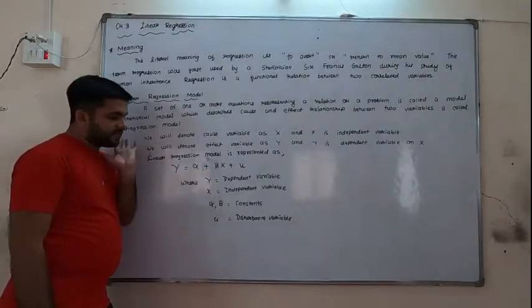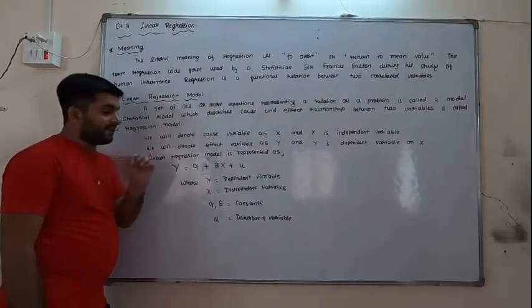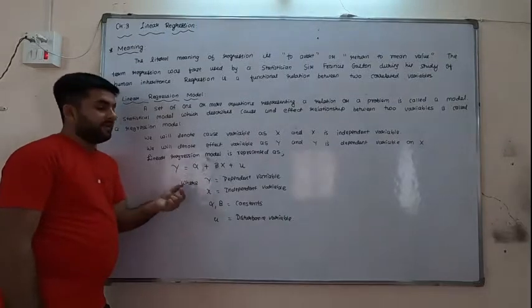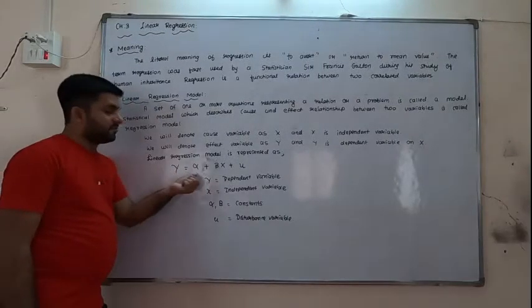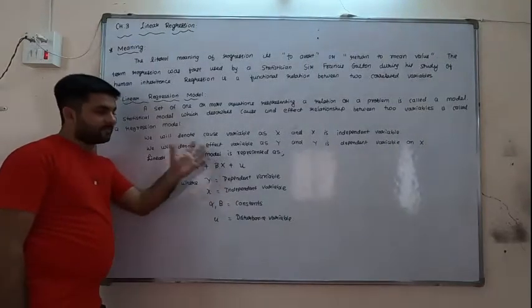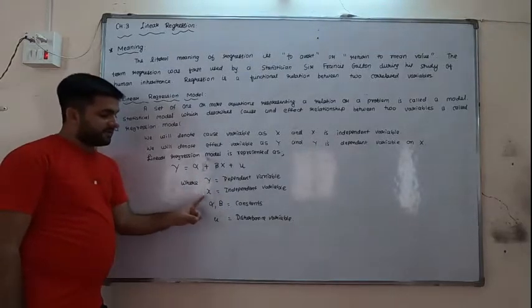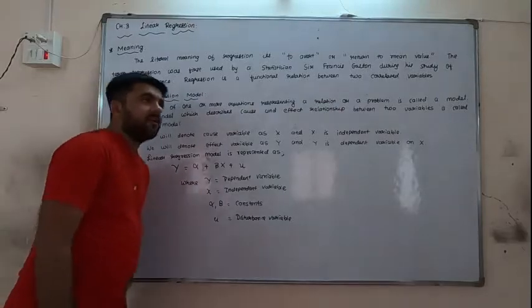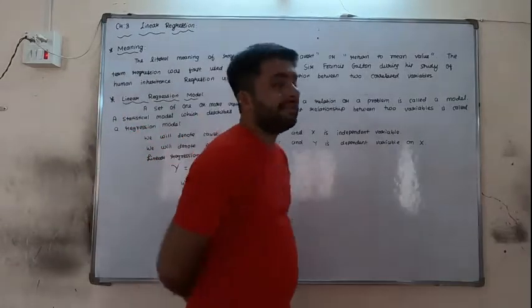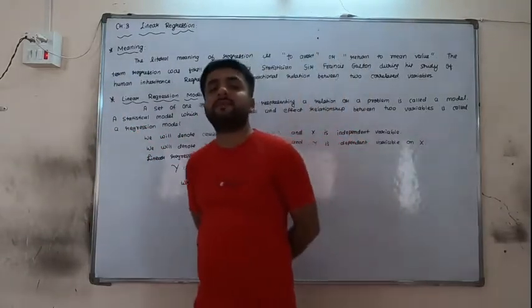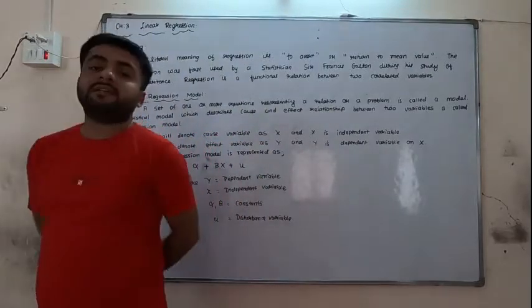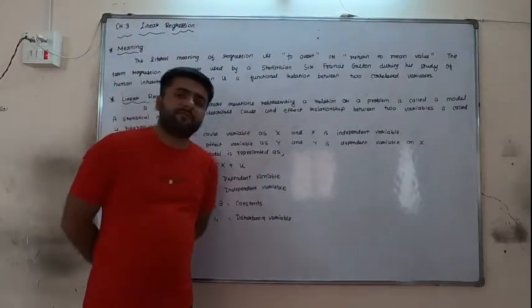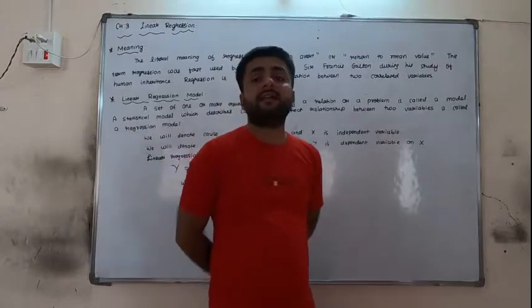So we use two constants, alpha and beta, with x and y. So how can we find y? y = alpha + beta x + u. y is dependent, x is independent, alpha and beta are constants, and u is the disturbance variable. Why a disturbance variable? Because while creating a relationship between two variables, it is possible that there are some errors.